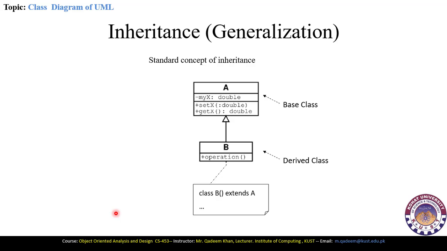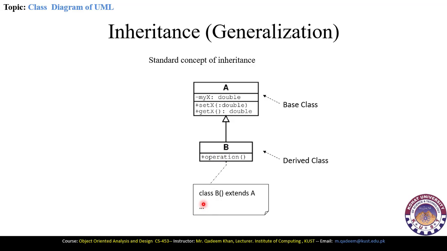Another important relationship in the class diagram is called inheritance, also called generalization, where the parent class is accessed inside of the child class. The parent class is also called the base class, and the child class is also called the derived class. All the capabilities of the parent are accessed inside of the child through the objects.